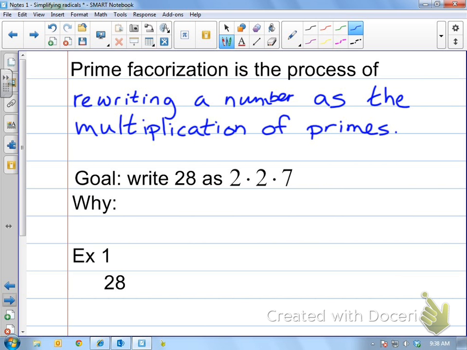So when we find the prime factorization of a number, we're just trying to find all the prime numbers that multiplied together make the original number we had.